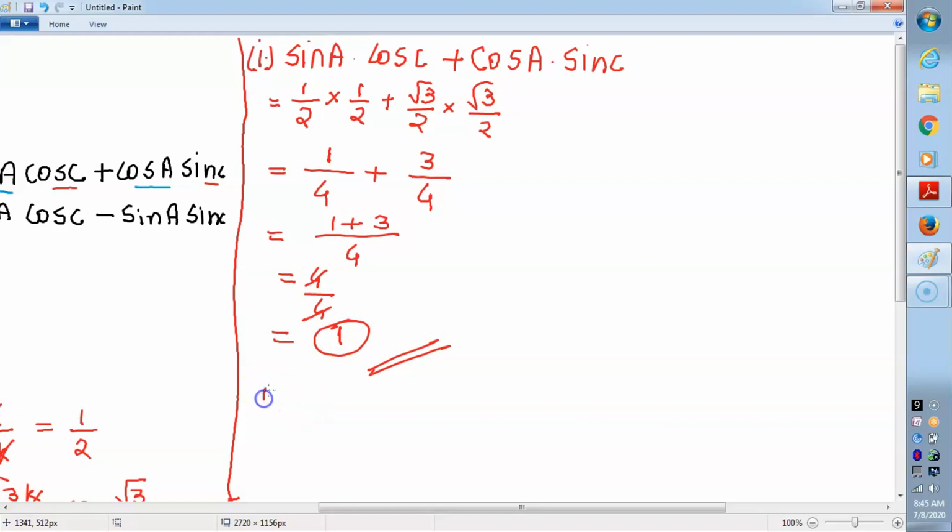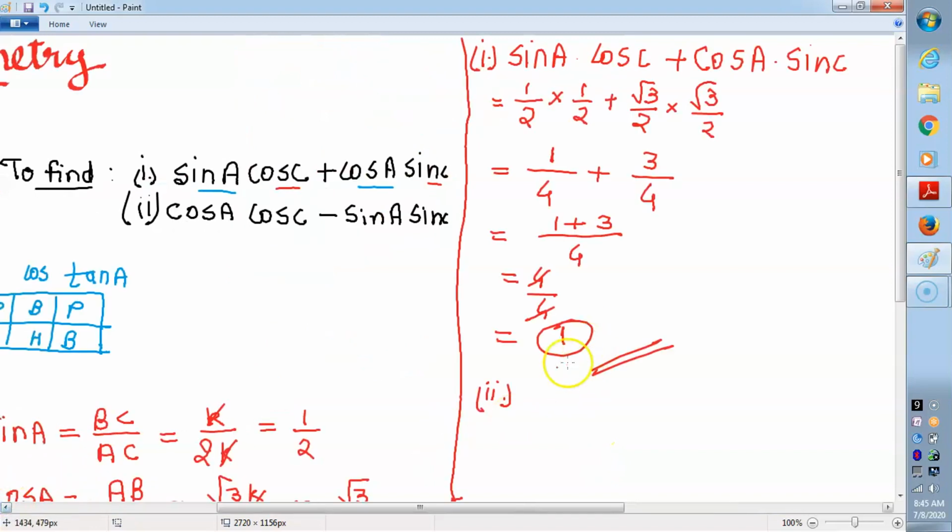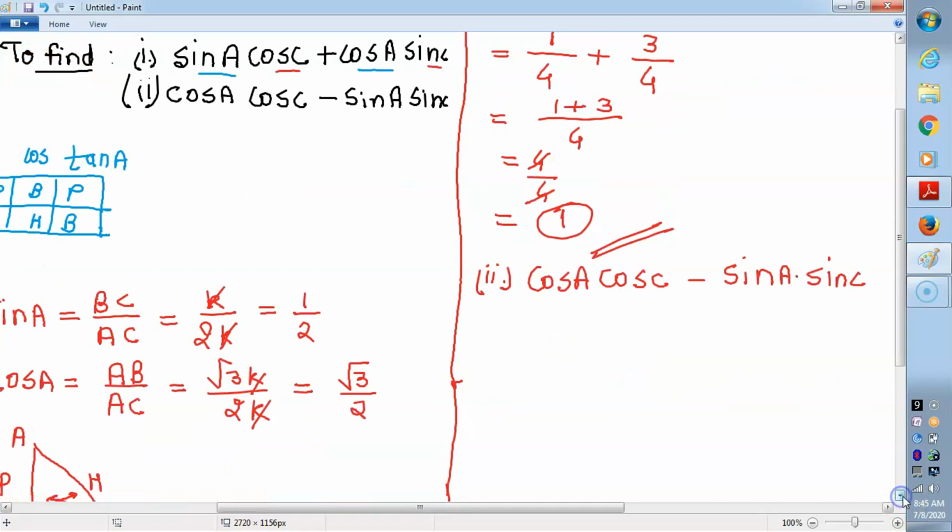Okay, now the second relation. What do we have to prove? Cos A cos C minus sin A sin C. Let's put the values of the trigonometric ratios here.